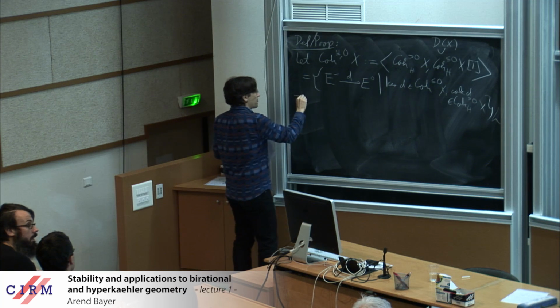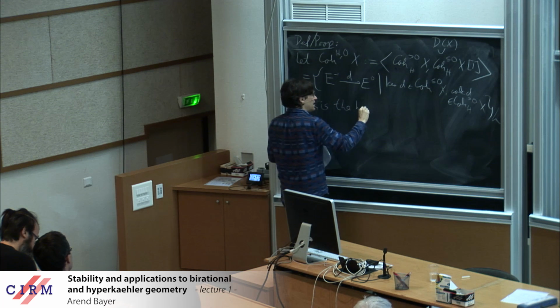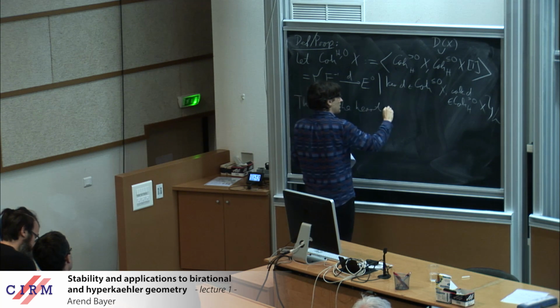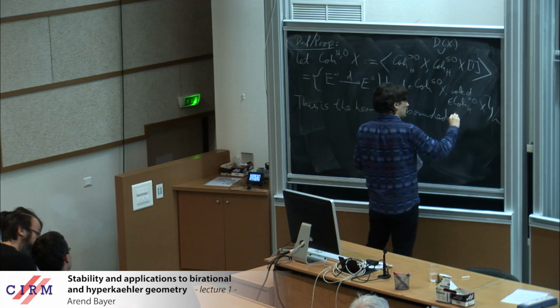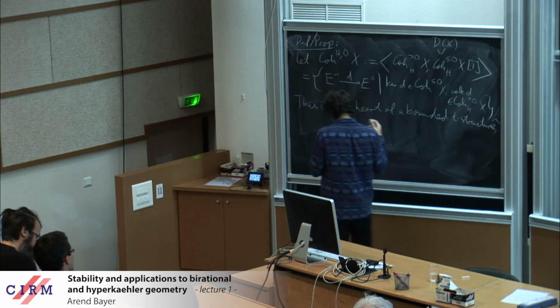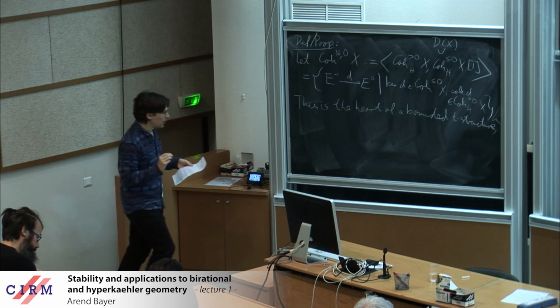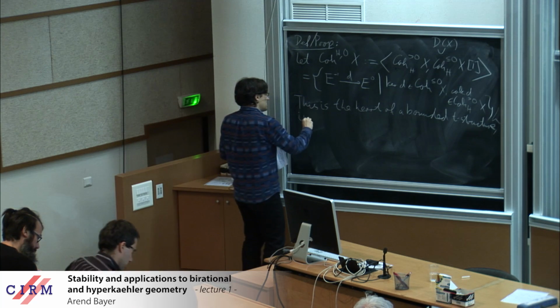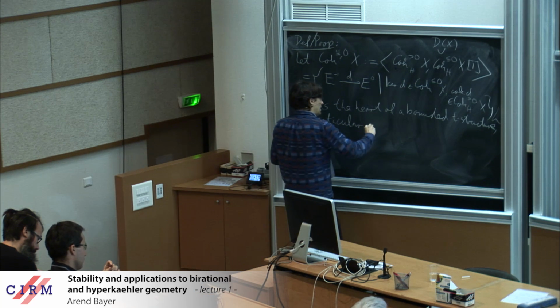And so this is the claim of the proposition, that this is the heart of a bounded t-structure. But really, the thing that matters to us, that's actually completely sufficient for everything I'm going to say, is that in particular it is an abelian category.